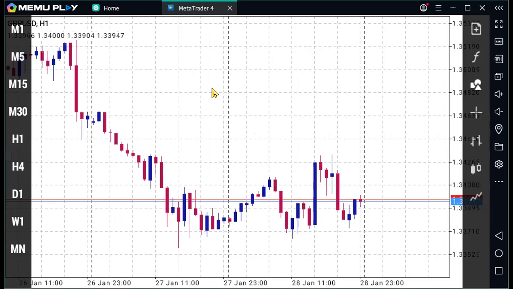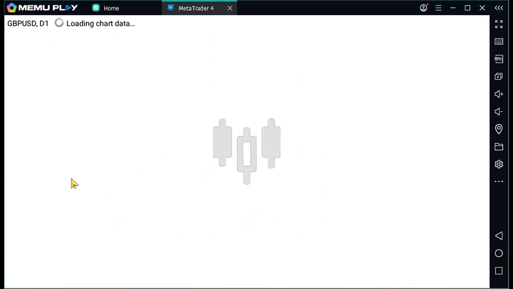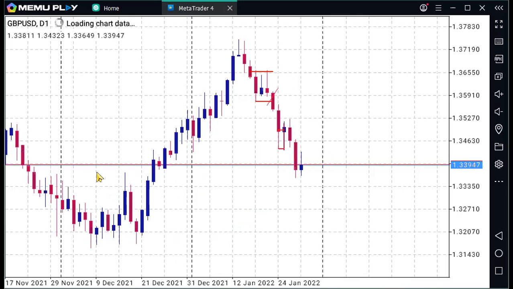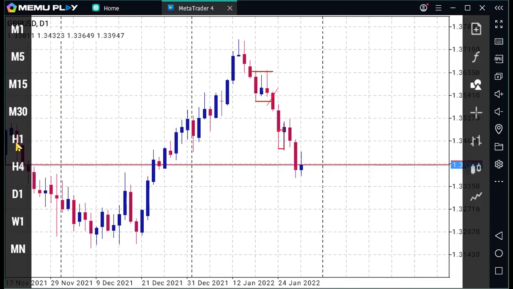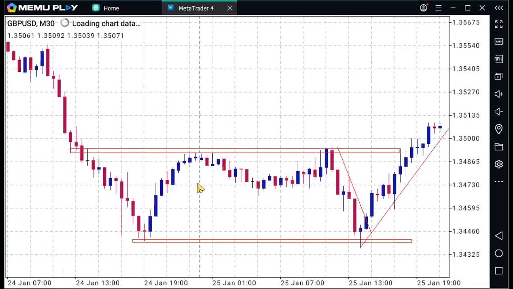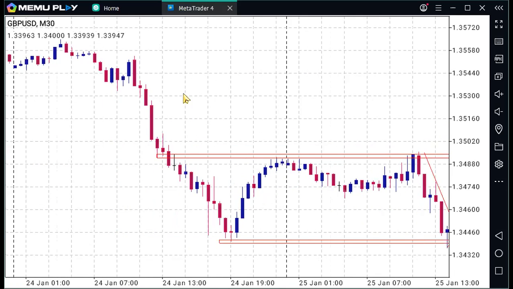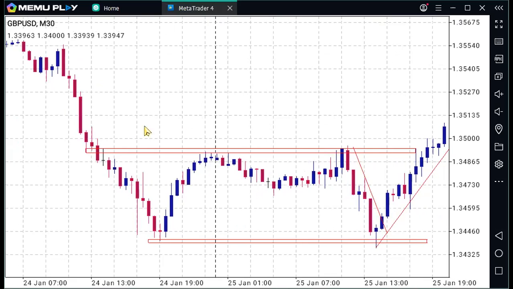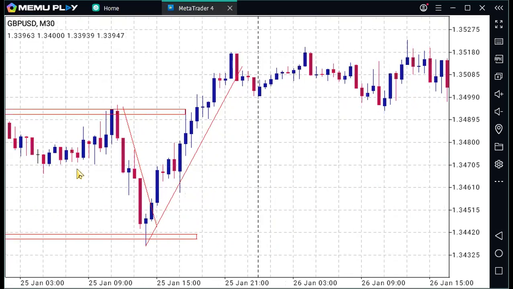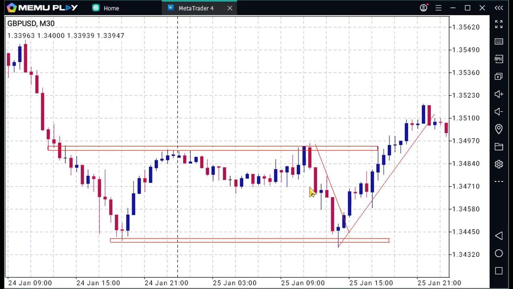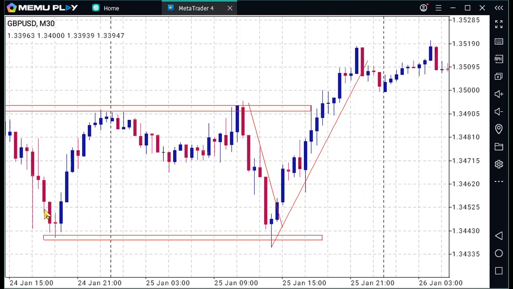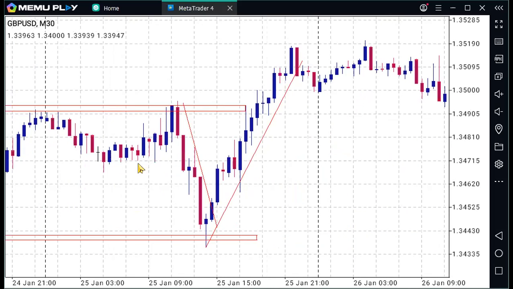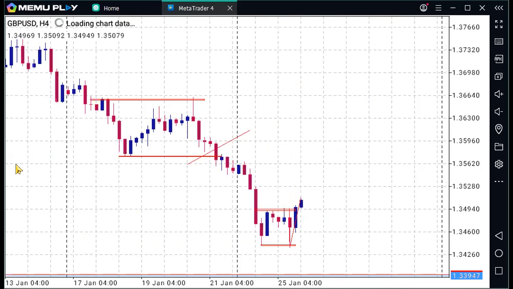So I taught you that the easiest way is to use the D1 to mark those zones. It's easier than using 30 minutes because you have to be pinching the screen, zooming in and zooming out. But nevertheless, there are reasons why I started you with a 30 minutes time frame, because price starts reacting from the lower time frame before it gets to the higher time frame.